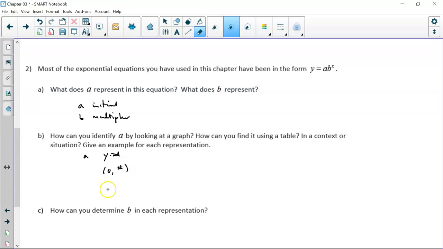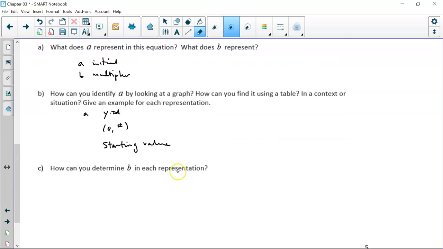You can also think about in context, it's our starting value. So if it says it begins there or whatever. And how can you determine B? B is the multiplier. It's what we're multiplying by to get to the next number.